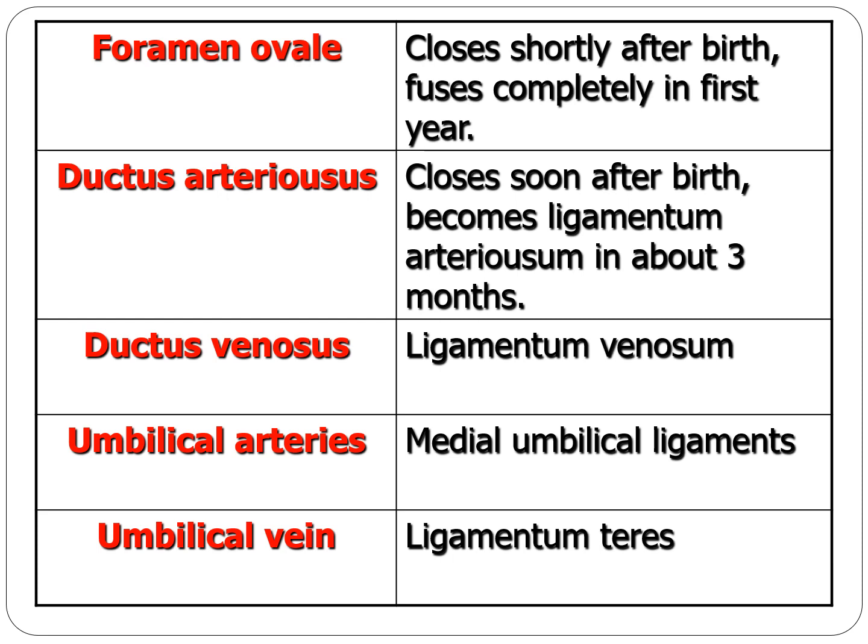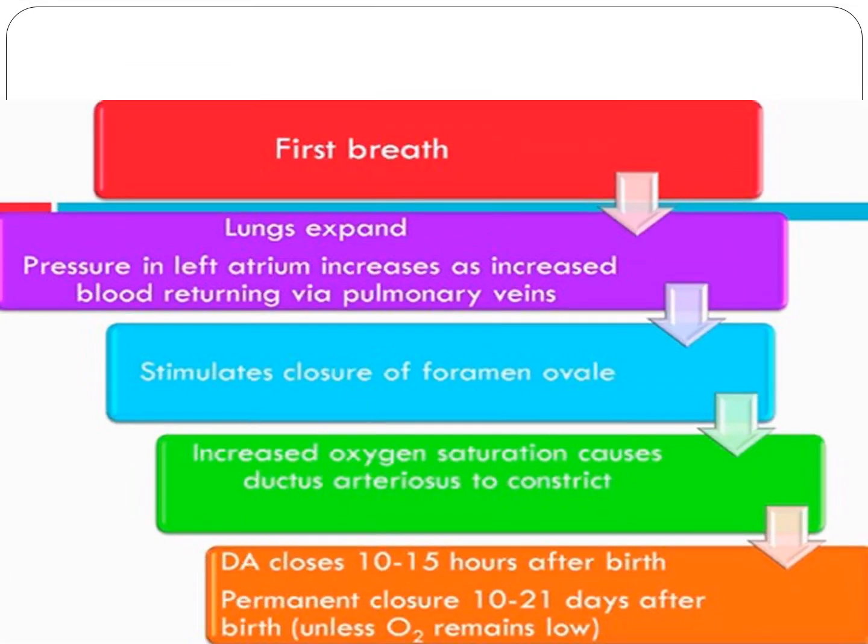Okay? In 3 months, the ductus venosus becomes the ligamentum venosum. Umbilical arteries now become the medial umbilical ligaments, and umbilical veins, the ligamentum teres. Ito na yung after birth, kung ano nangyayari sa mga natin sa typical, the ones who help in shunting the organs of our fetus.